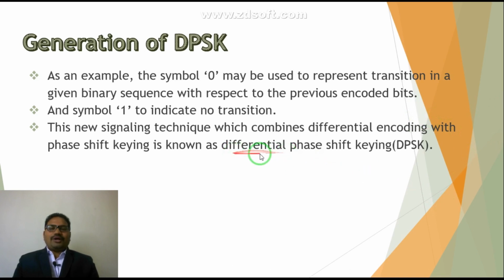Hope you understood why we call it differential phase shift keying, because we are using differential encoding. Differential encoding in the sense that the binary sequence depends on the previous bit of the encoded bit. It means the transition. So it is combined with PSK. That's why it is called DPSK.